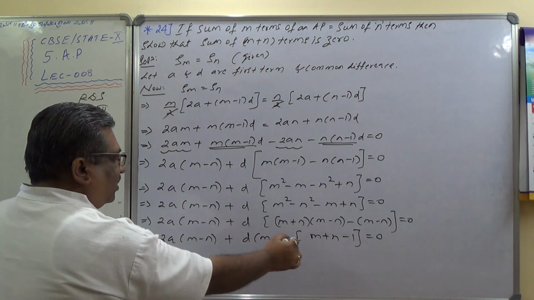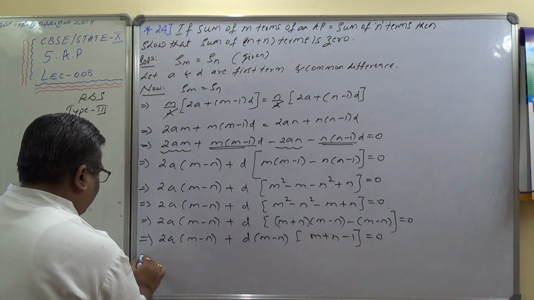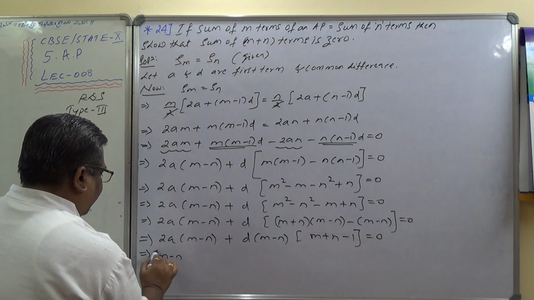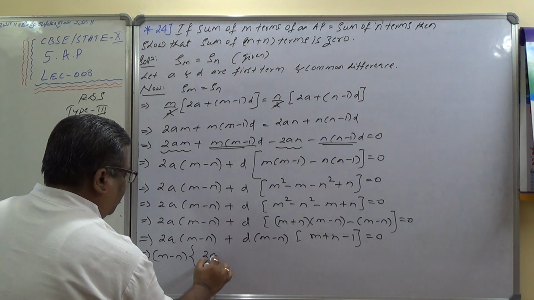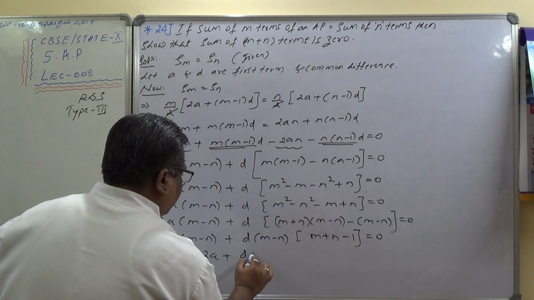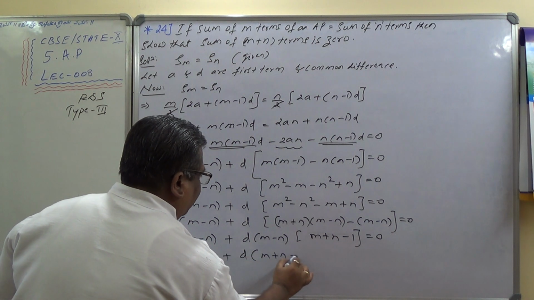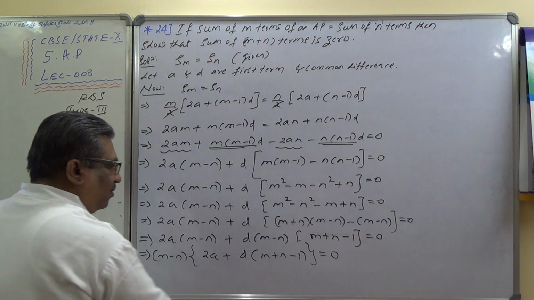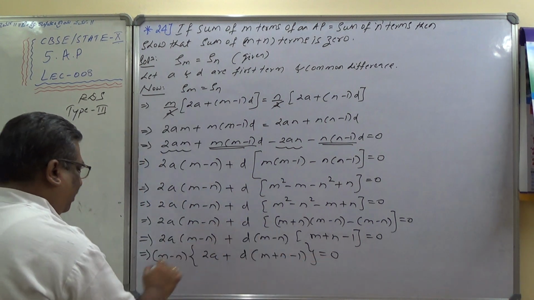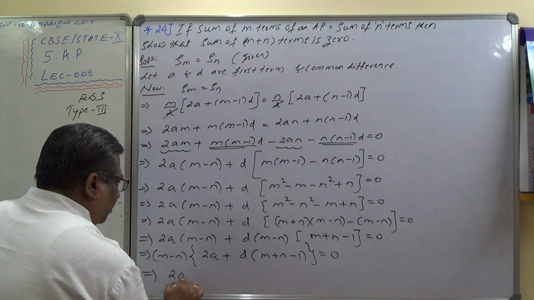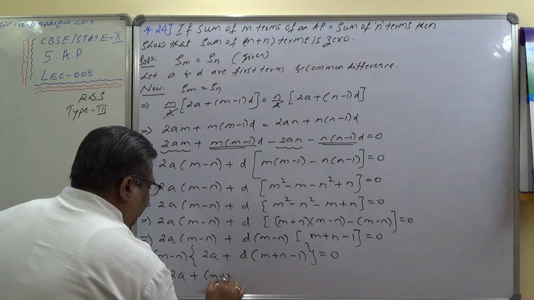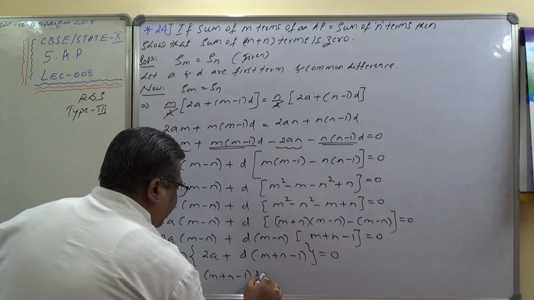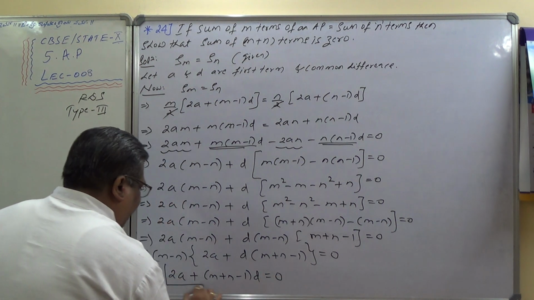So out of these two terms, what is common? m minus n is common. m minus n times 2a plus d into m plus n minus 1 equals 0. So this goes this side, 0 by m minus n, which is 0, implies 2a plus m plus n minus 1 times d equals 0. Mark this.